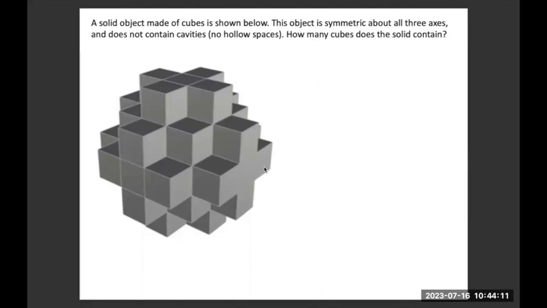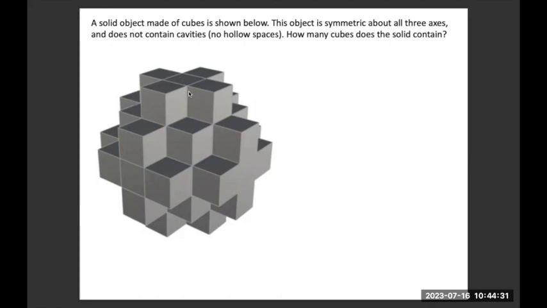Likewise. Can you explain the whole question again? In this case, you are given a cube. It's a solid. This solid is made up of smaller cubes. Like in the previous question, there were tetrahedrons. In this case, there are cubes.